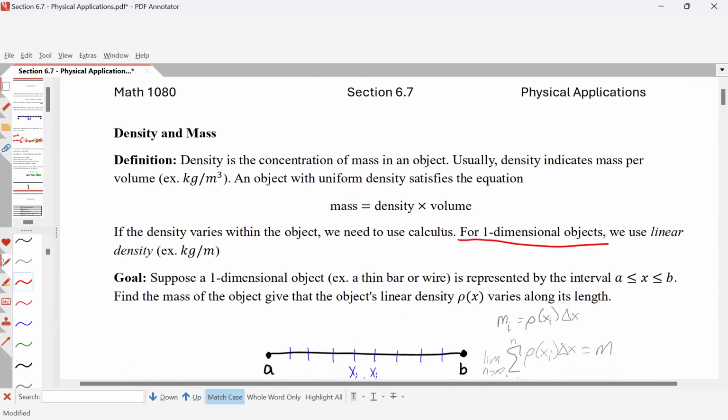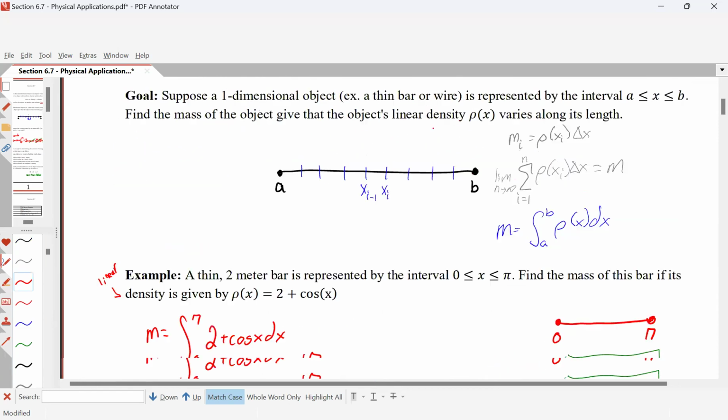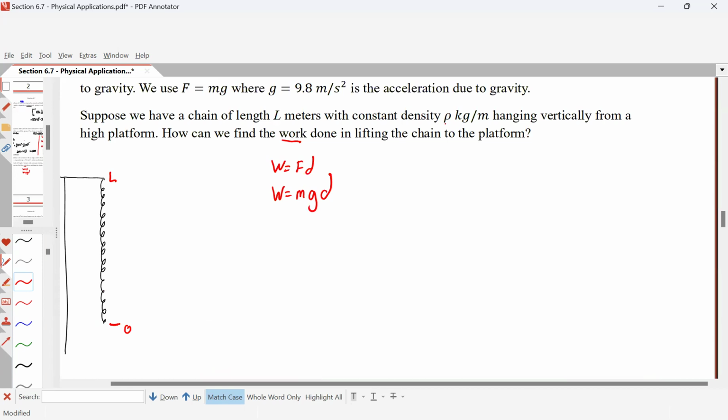So needing to know some things about this density, this mass in particular, we have a constant density rho being multiplied by some length of chain.